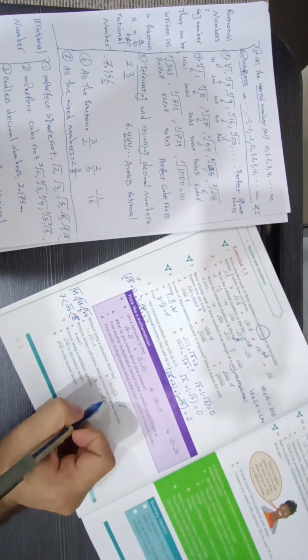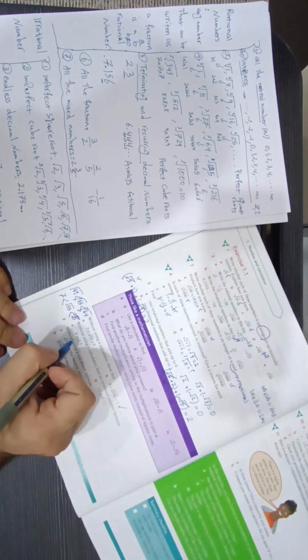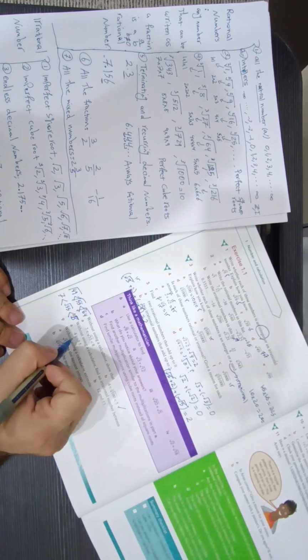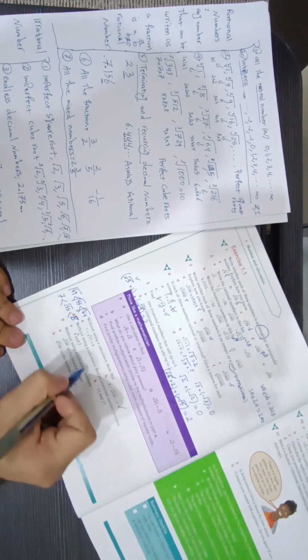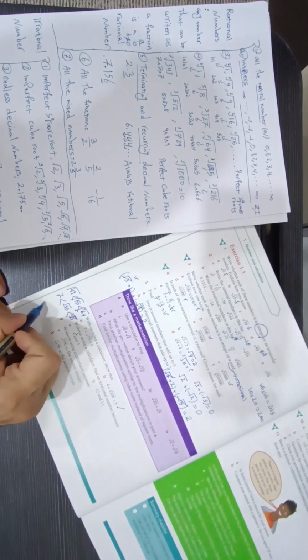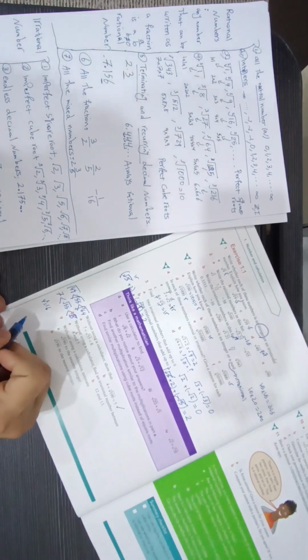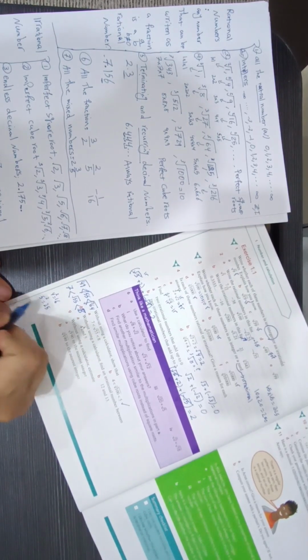So finding an irrational number, honestly, it is easy. You know why? Because 4 squared is 16, and 5 squared is equal to 25.